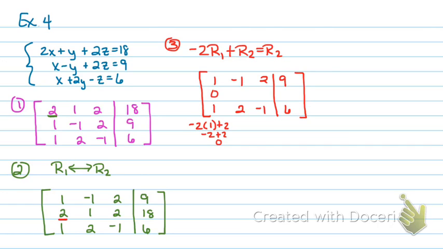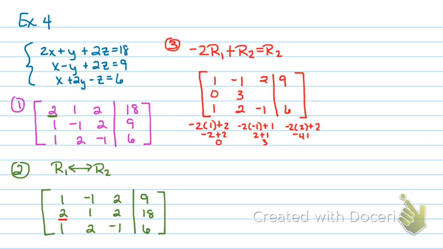Alright, for the next column, it's the same thing. It's negative 2 times the number that's in row 1 plus the number that was originally in row 2, which is a 1. So we got negative 2 plus 1... I mean 2 plus 1, which is 3. So we're going to put a 3 there. For my third column, I'm going to take negative 2 times the number in row 1 plus the number originally in row 2, which is 2.